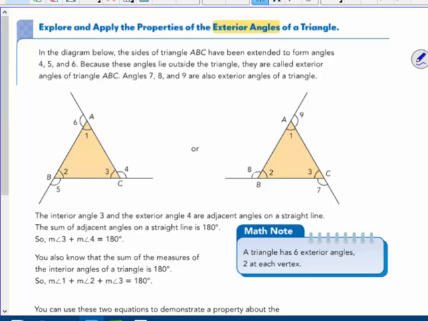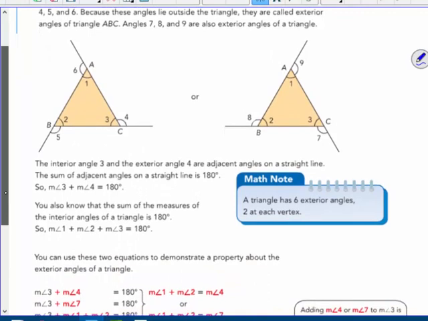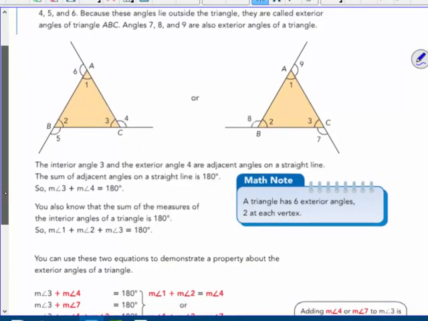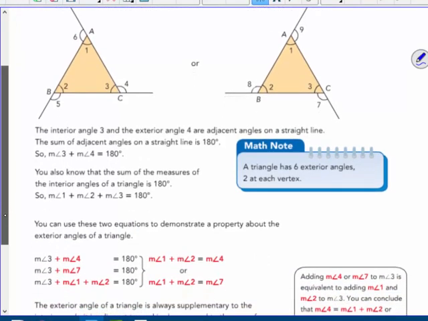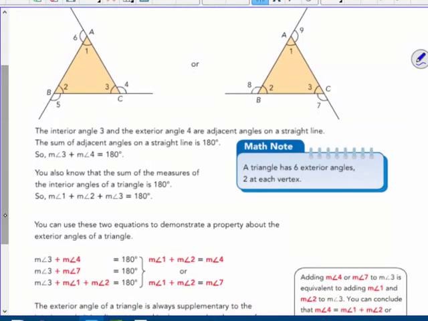A triangle has 6 exterior angles. There's 2 of them at each vertex. So you can see 5, and then over here is the 8 at angle B. At angle C is 4 and 7, and at angle 1 is 6 and 9.